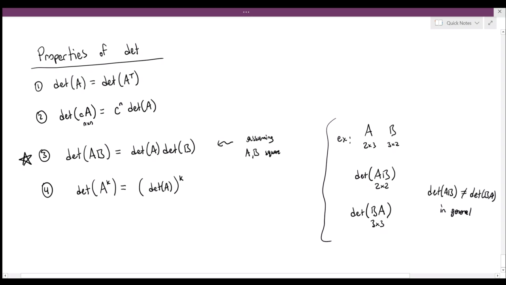Okay. But if they are both square, then yes, determinant of AB is determinant of A times determinant of B. And likewise, determinant of BA would also be determinant of B times determinant of A. So they would be the same in the case where they were both square of the same size.